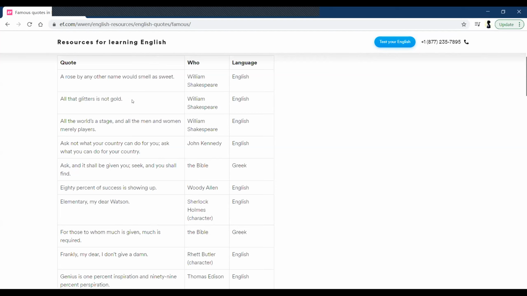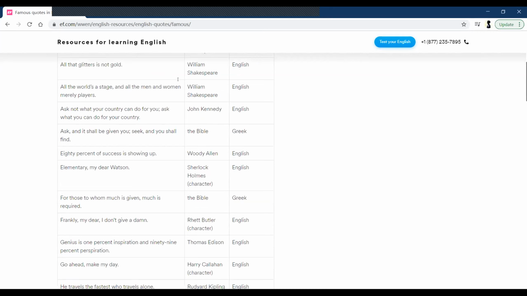So this is a good example of all that glitters is not gold. It means that something may appear very shiny, but actually it can be fake. And can any tutors continue?